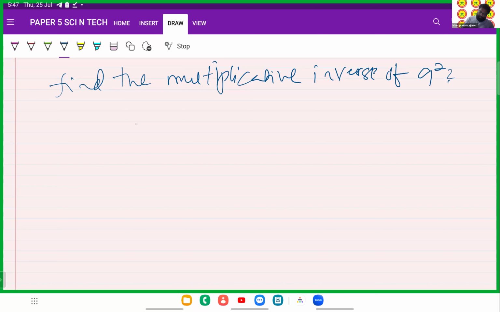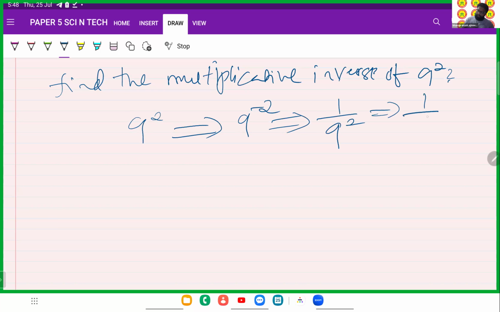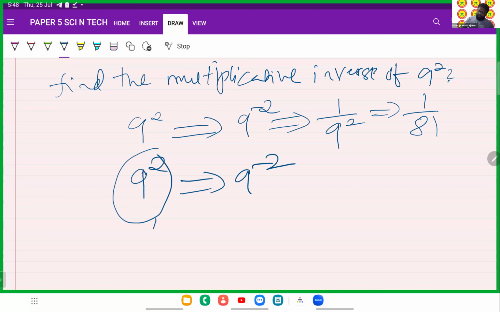So multiplicative inverse of 9 square, that means 9 to the power of minus 2. That would be 1 by 9 square, that would be 1 by 81. So when they ask for 9 square, the multiplicative inverse would be 9 to the power of minus 2.